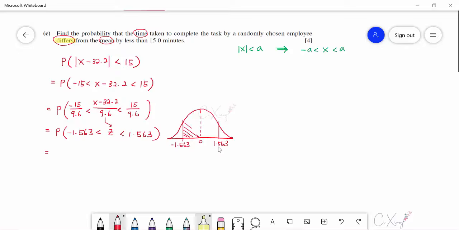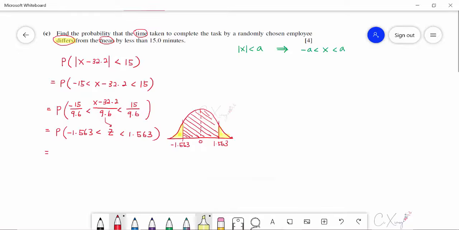Okay, so this is the area that you want to find out. After this step, there are many possible ways for you to get an answer actually. Some students might want to take 1 minus the area at both ends, which also can if you want.